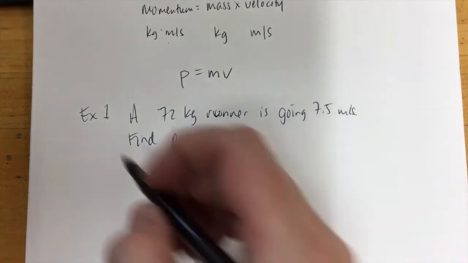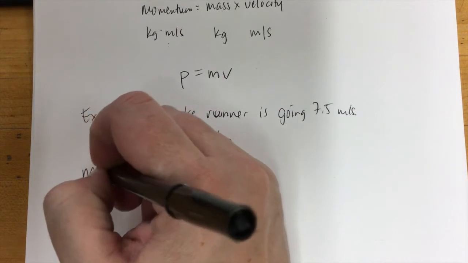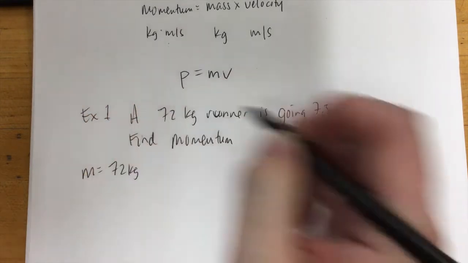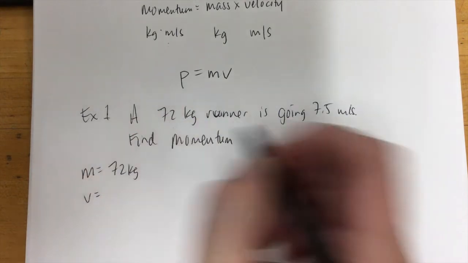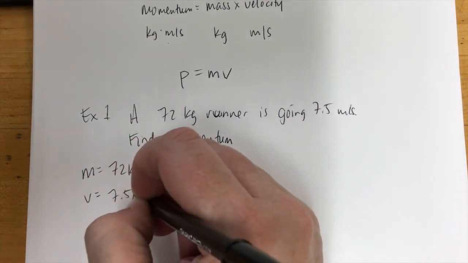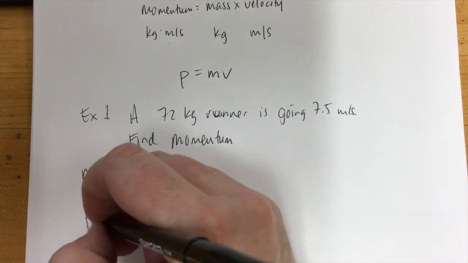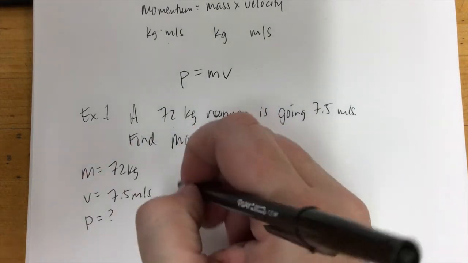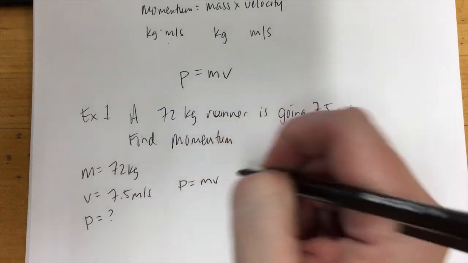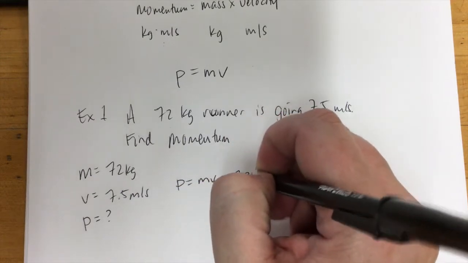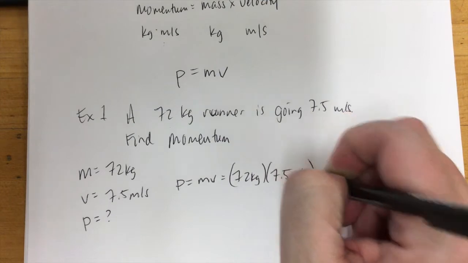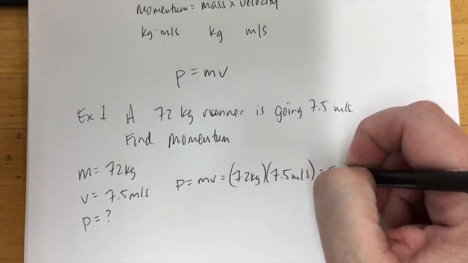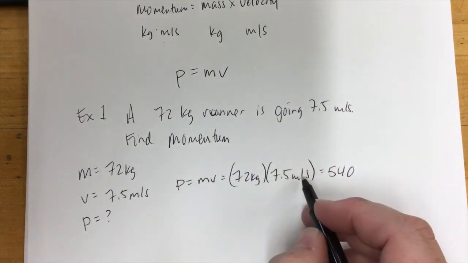So we list out the stuff that we have. We know that m is equal to 72 kilograms. We know that our velocity is 7.5 meters per second, and we know we're looking for p. We know that p equals mv, so we have 72 kilograms times 7.5 meters per second, and that's going to give us 540, and we just keep the units.